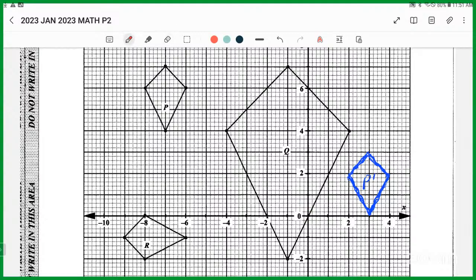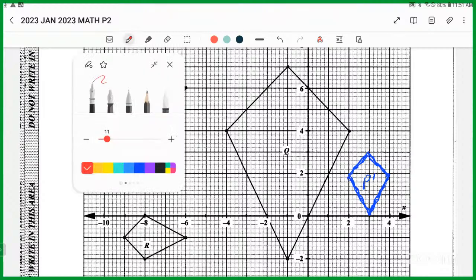You can construct to find it. You find the perpendicular bisector of lines joining corresponding points, and try to make the work easy for yourself. So you need two lines joining corresponding points. The two corresponding points that I see that are easy, this one and this one.